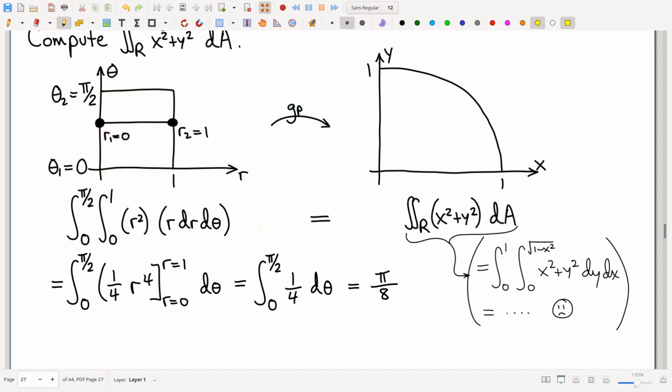Initially, this was going to be a bummer of an integral, but on this new domain, it's just about as easy as you could hope for. Constant bounds, no weird functions, no square roots. Works out great. Everybody all right with that? Okay.